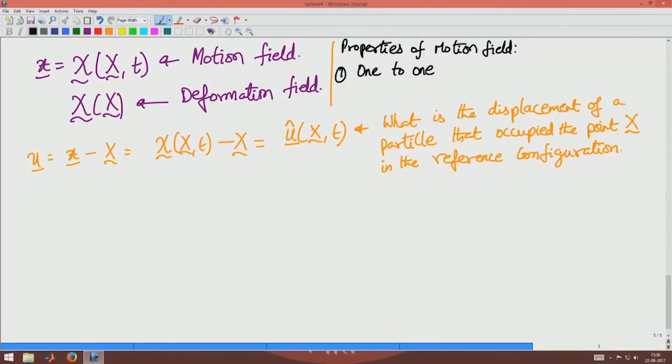Now, since this is 1:1, I can invert the function, right. A 1:1 function means I can invert this and write capital X as some inverse function of small x comma t, because psi is a 1:1 function.